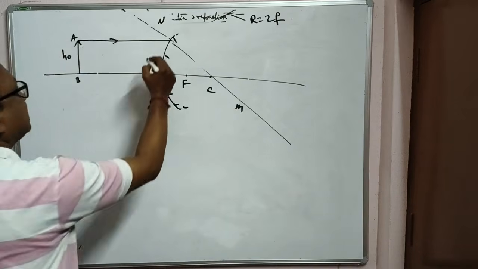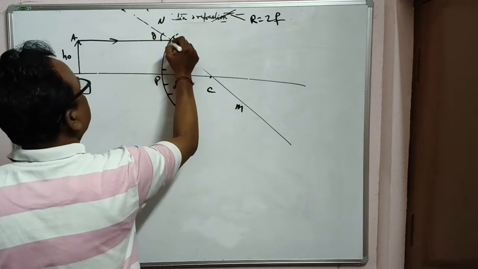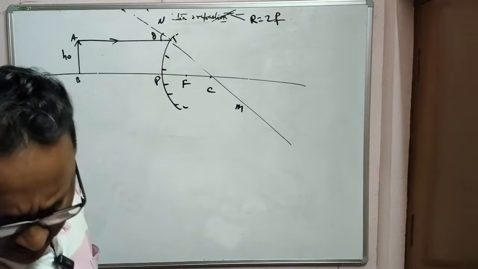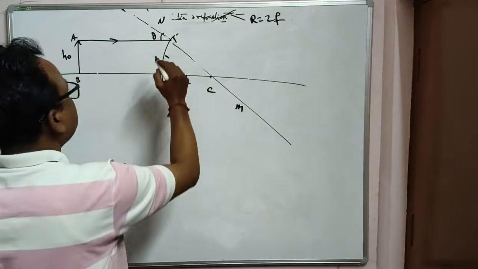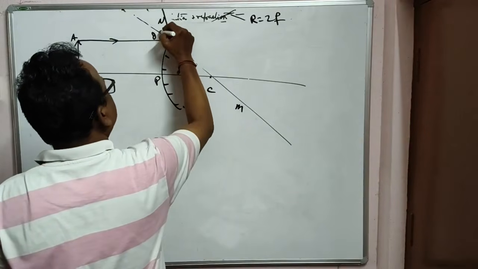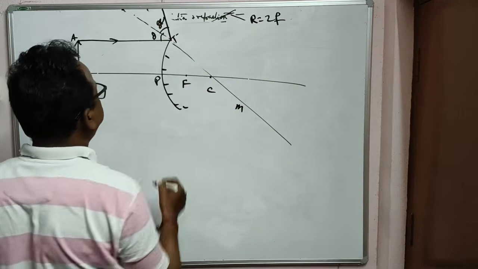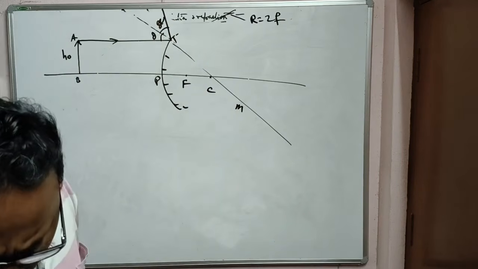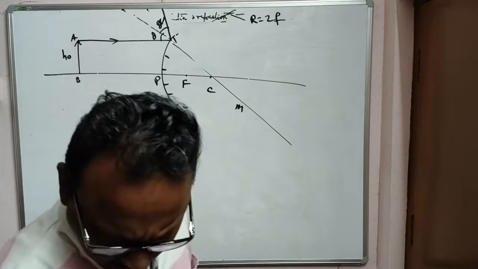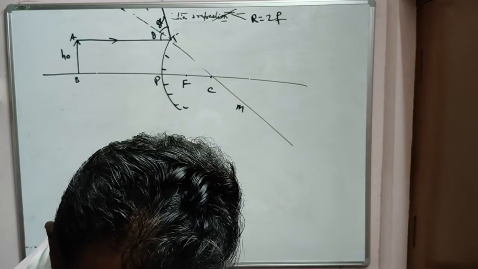One light ray, this is the angle of incidence, it goes reflected, it goes diverge, you know, okay. So after meeting it diverges. And one more also I will take, and that light ray I will go through the center.